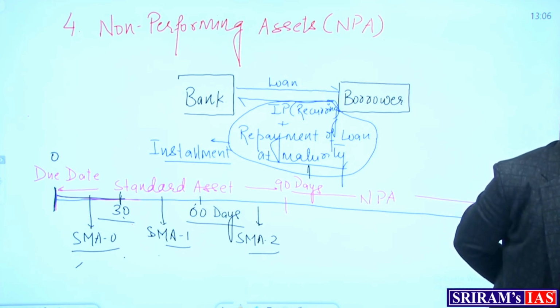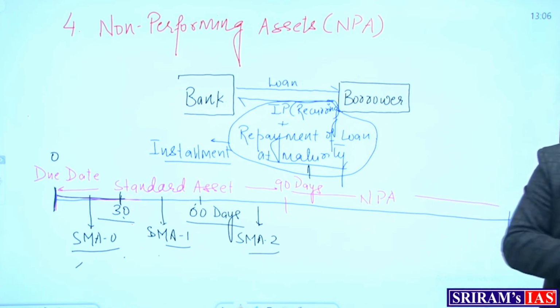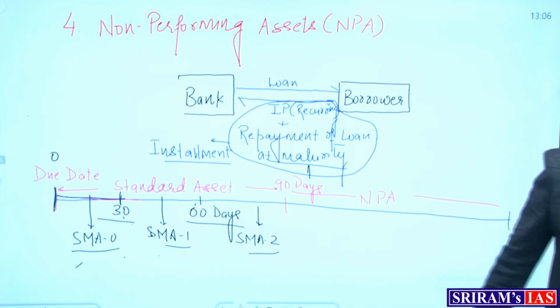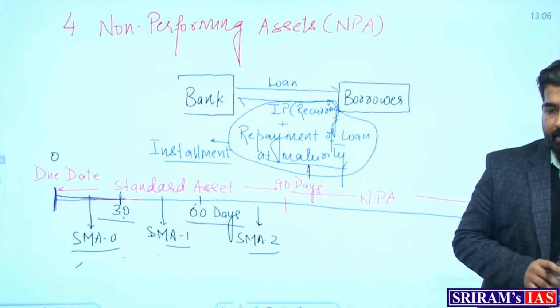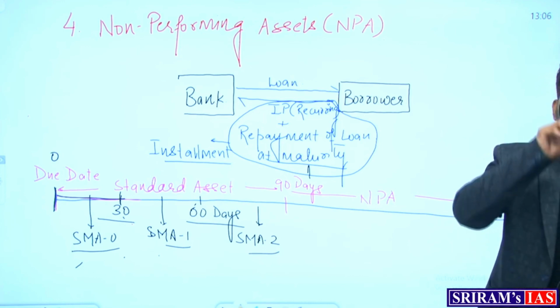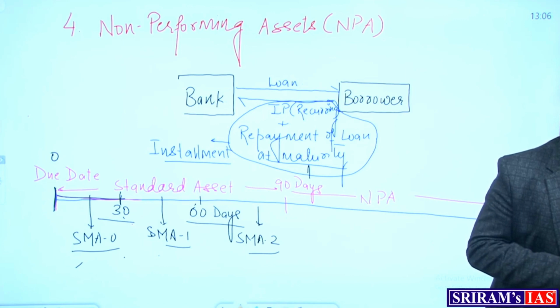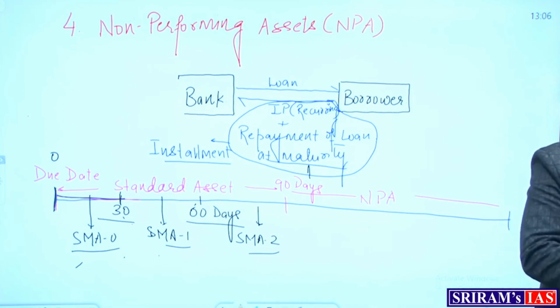Special mention accounts are the assets or accounts that show symptoms of bad asset quality in the first 90 days itself, before it is identified as NPA.